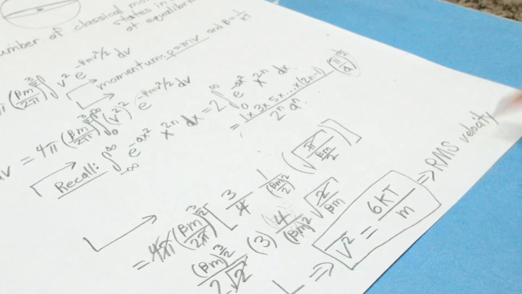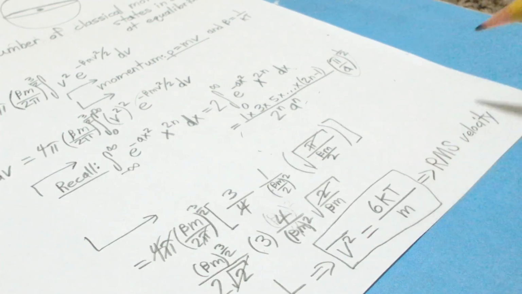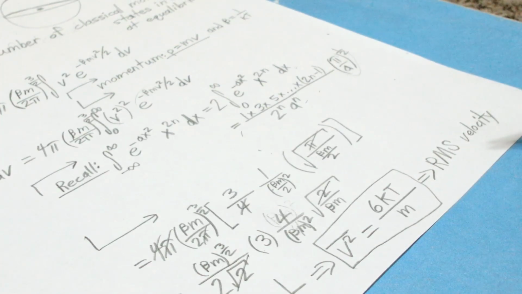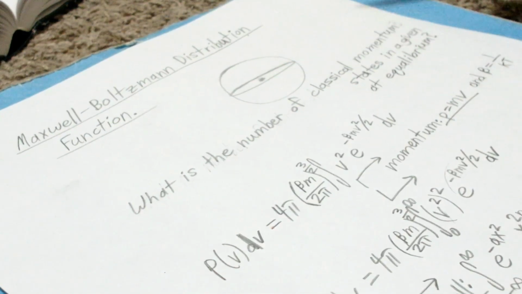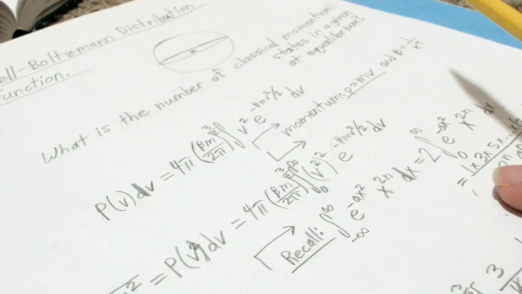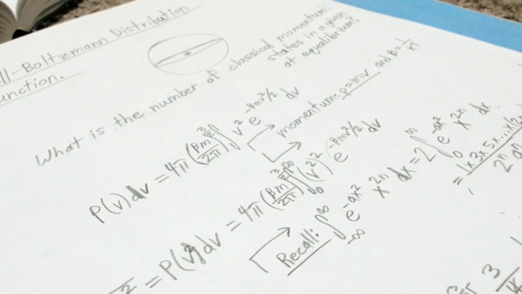And this is the RMS velocity of one of our particles in a three-dimensional sphere, calculating the number of classical momentum states in a given system at equilibrium.